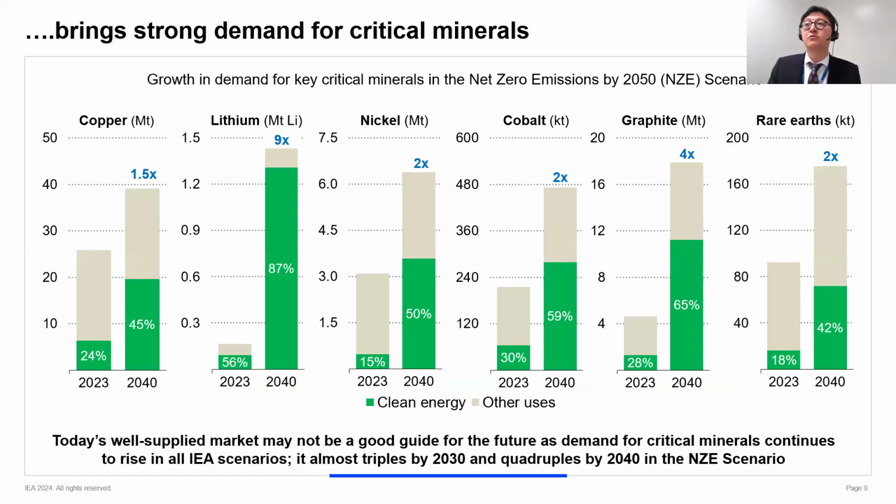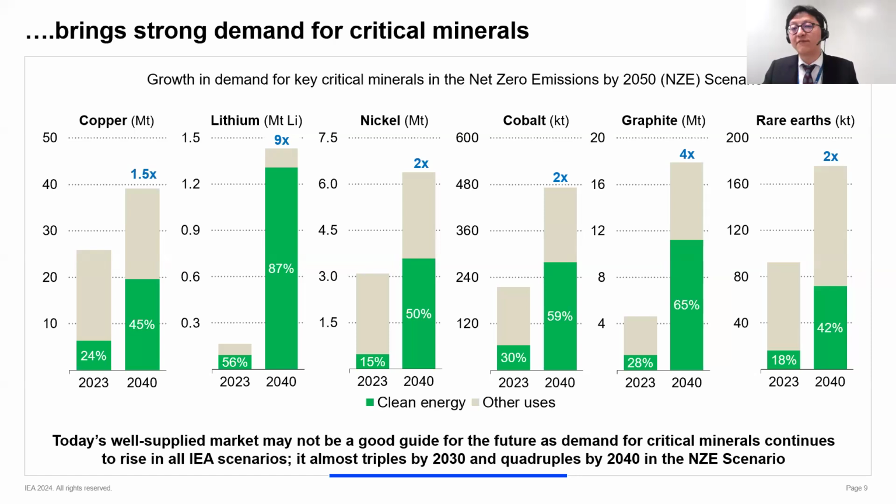In our net zero scenario, the demand for these critical minerals in the clean tech sector is set to quadruple by 2040, over the next two decades. Lithium demand really stands out with some 9-fold growth, mainly driven by its strong role in batteries.